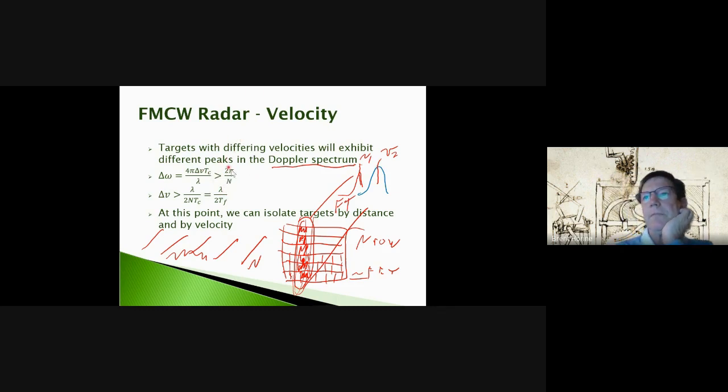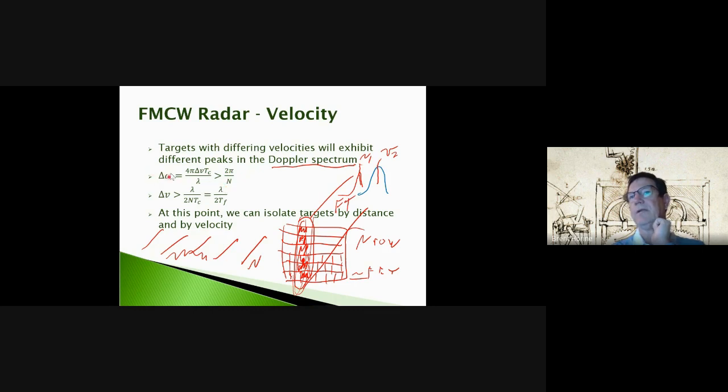Again, through the properties of the Fourier transform, that's going to be related to this N, where N is the length of the overall, what we'll call a frame, right? So now we have all these chirps, each T_C long. We've got N of them, so this total frame is N times T_C, right? And so our frequency resolution is only as good as 2π over N, right?